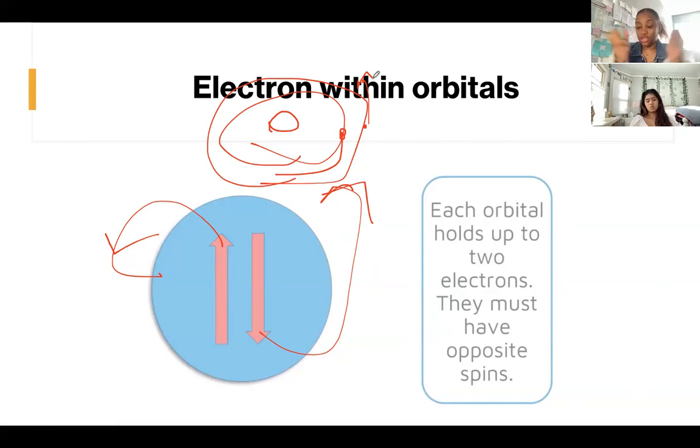If they get close to each other, they can repel each other, they can cause tension. So they spin in separate directions because they're trying to accommodate that. So the spin is the direction that they're going to be in, and they're always in opposite spin.